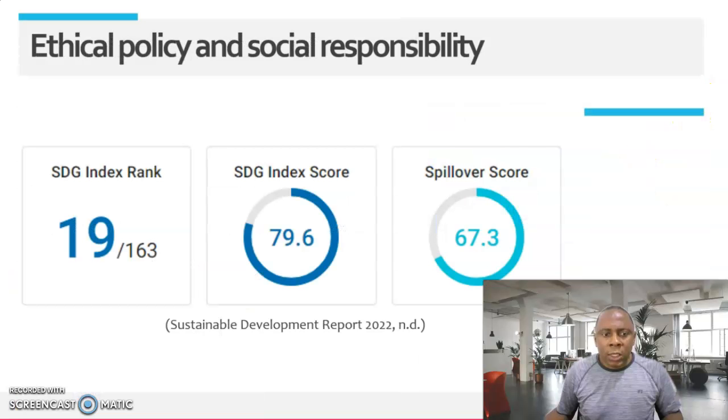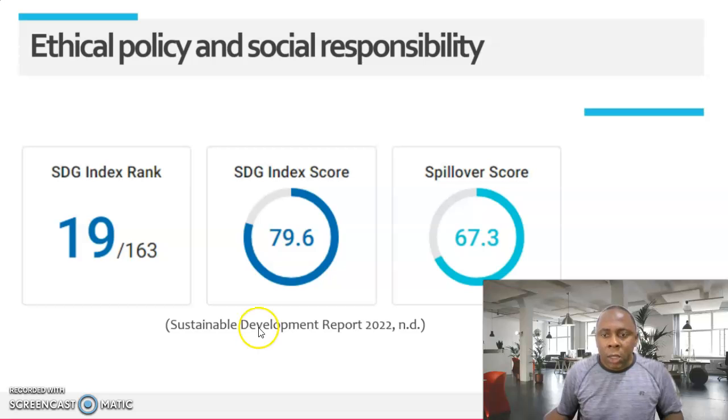Concerning sustainability, Japan has taken some objectives here. The overall score measures the total progress toward achieving all the 17 SDG goals that were set. The score can be interpreted as a percentage of SDG achievement. 100% indicates that all the goals have been achieved.